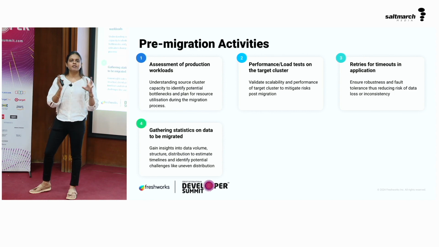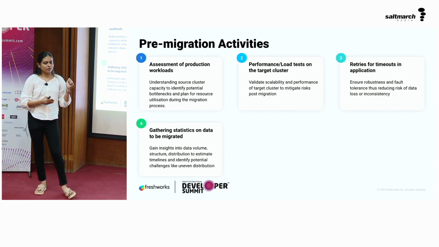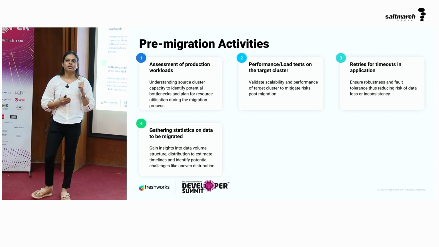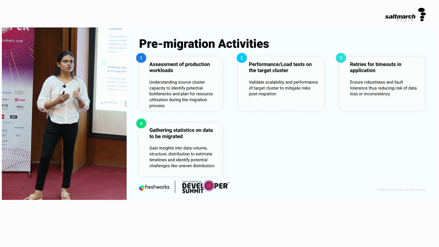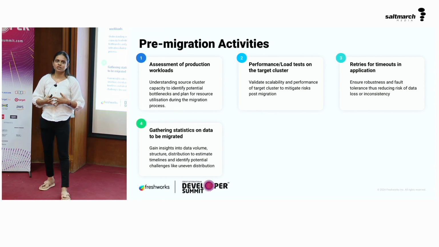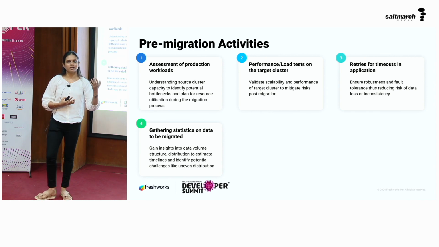We were able to precisely jot down all of this ahead of the migration, and more or less the planned and the actual timelines were almost always in sync. Gathering such data statistics not only helps with the timeline estimation, but also helps in fine-tuning various other migration parameters that we will be talking about, for example, the speed of migration, the batch read size, etc.